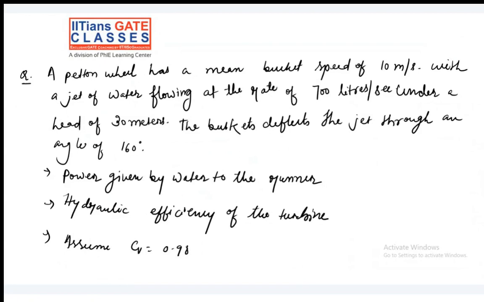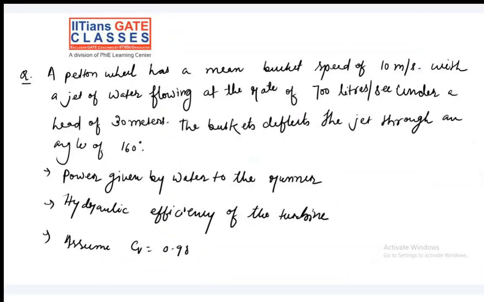So the first thing is to find the power given by water to the runner. Do we remember? Power given by water to the runner is rho Q (VW1 plus VW2) into U. Yes or no?